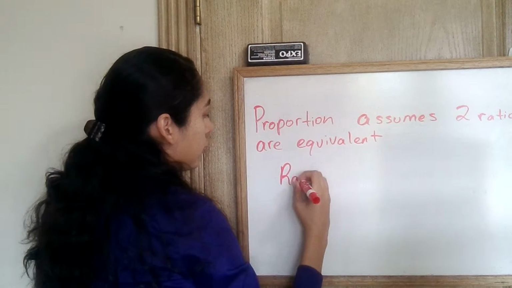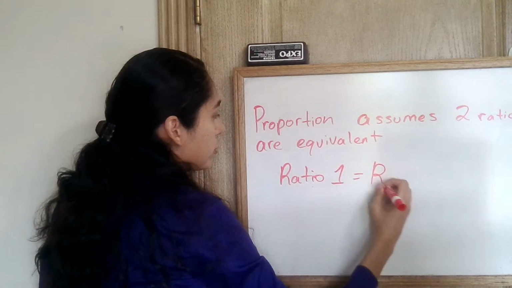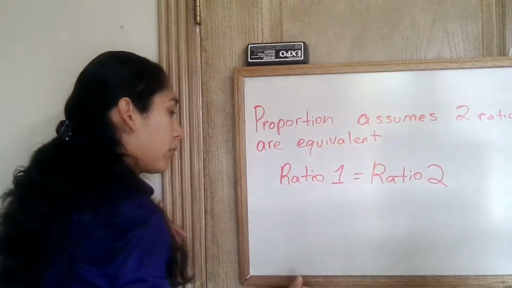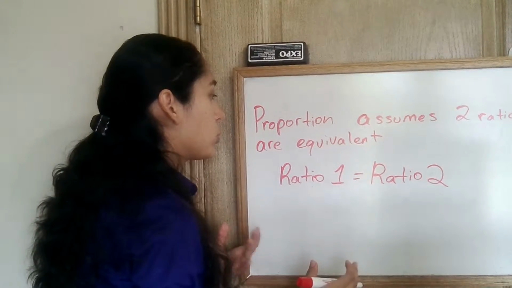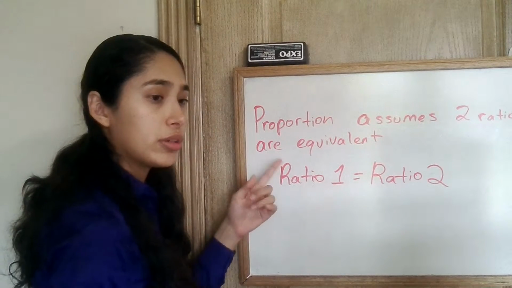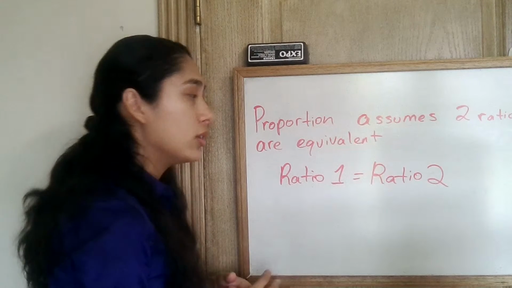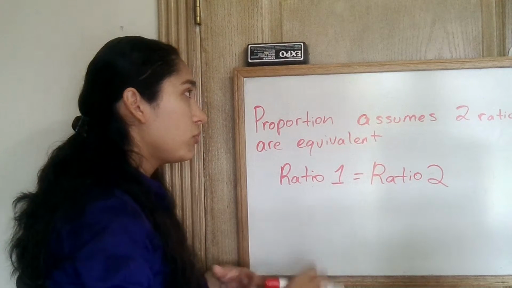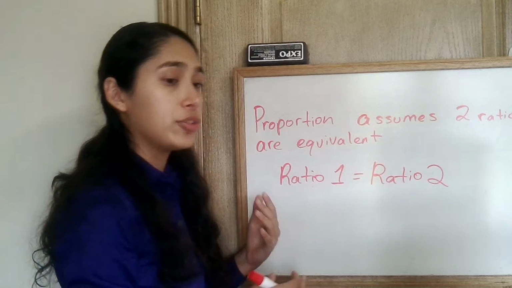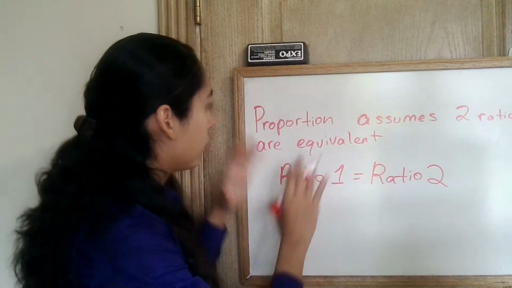Meaning ratio 1 is equal to ratio 2. And then we were already doing problems where we would solve for an unknown in either ratio. It could have been either numerator or denominator, and then using our rules of PEMDAS, we will go ahead and undo any multiplication or division by doing the opposite. Okay, so we remember that.